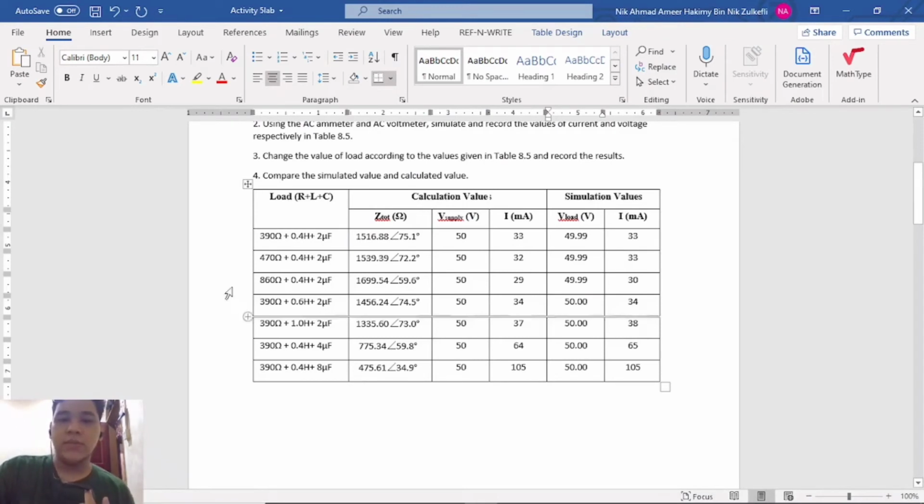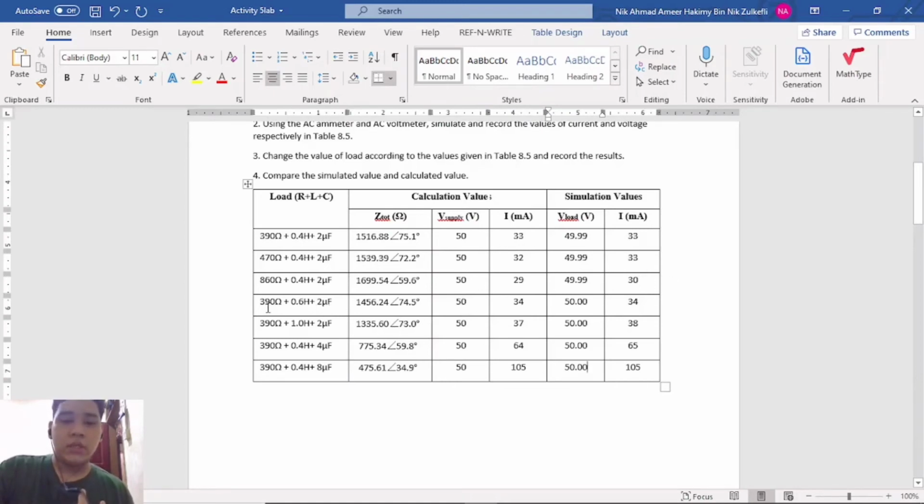This simulation is repeated by changing the value of resistance to 470 ohm. We will get the value for VLOAD and current the same as before. But when we change the value of the resistance to 860, the VLOAD will get the same value, but the current will decrease to 30 milliampere.